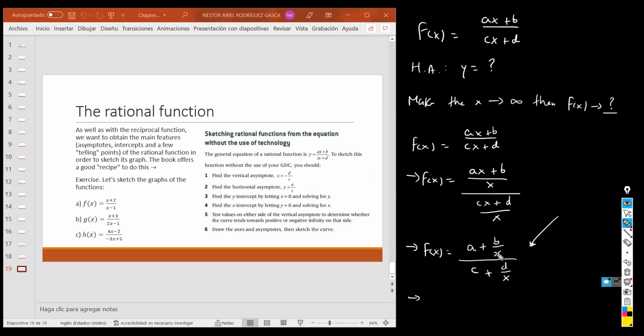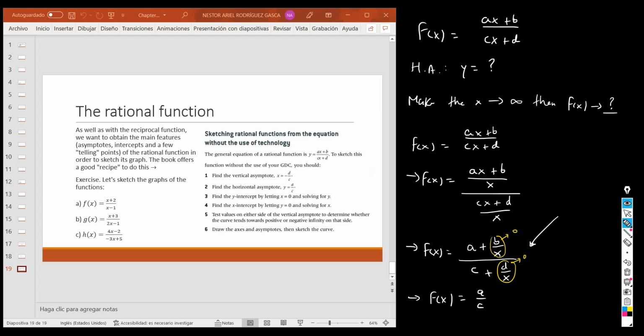If x approaches infinity, then this fraction will go to 0 because you're going to be dividing b over infinity, or basically b over an incredibly large number, and the whole fraction will approximate 0. And the same with this. This will go to 0 and this will go to 0 as x approaches infinity. And what remains? Well, the only thing that remains are this a and this c.